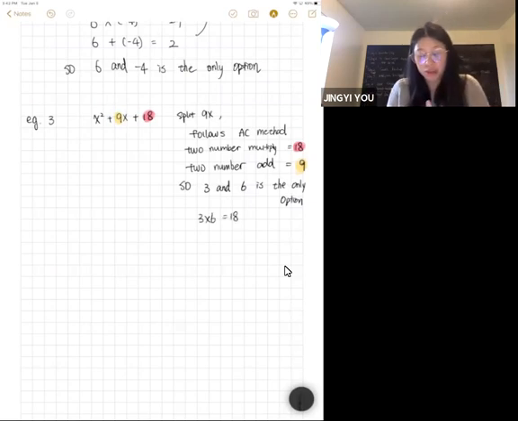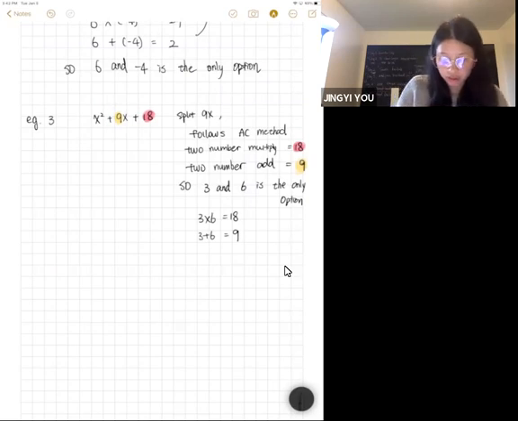So two numbers multiply to equal 18, and then two numbers added together equal 9. So that means our 9x we want to split into 3x and 6x. So I have x squared plus 3x plus 6x plus 18.